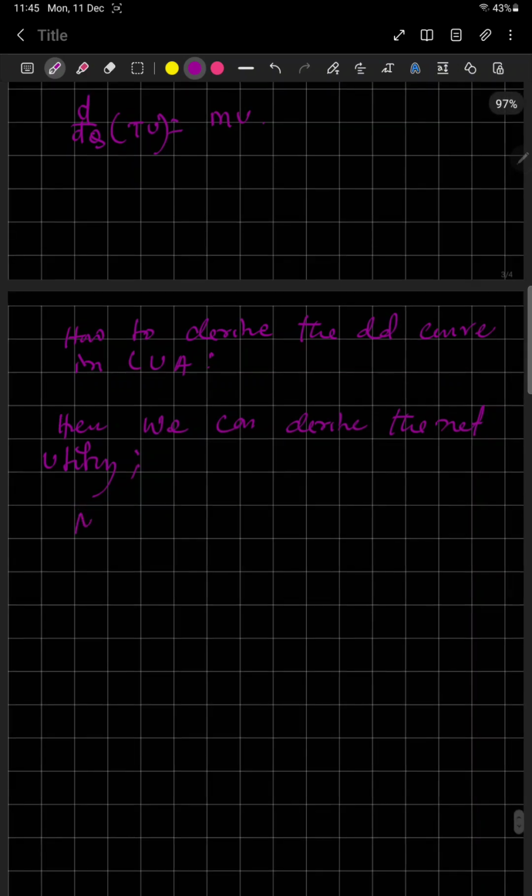Net utility is nothing but the difference between the gain and the sacrifice. Gain means what we get when consuming any commodity, suppose Q, minus how much sacrifice I am having, meaning how much money I am paying.